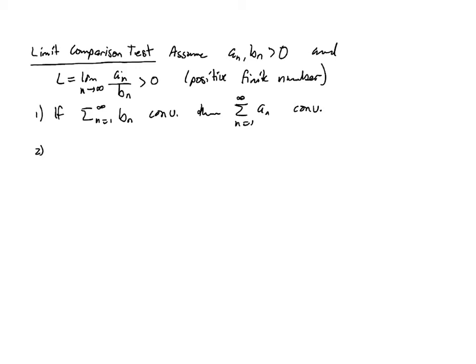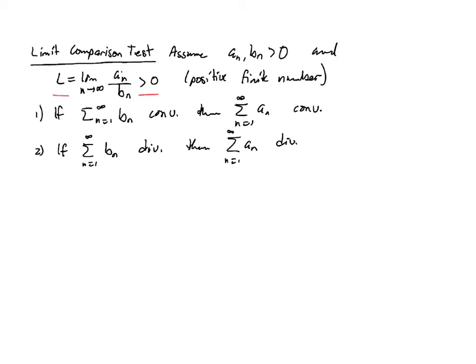And similarly too, if the summation n equals 1 to infinity of b_n diverges, then the summation n equals 1 to infinity of a_n also diverges. Okay. So notice that we don't have to check any inequalities here except to make sure that the terms of the series are positive. The key to making this work is this limit of the ratio of the terms to be positive and finite.